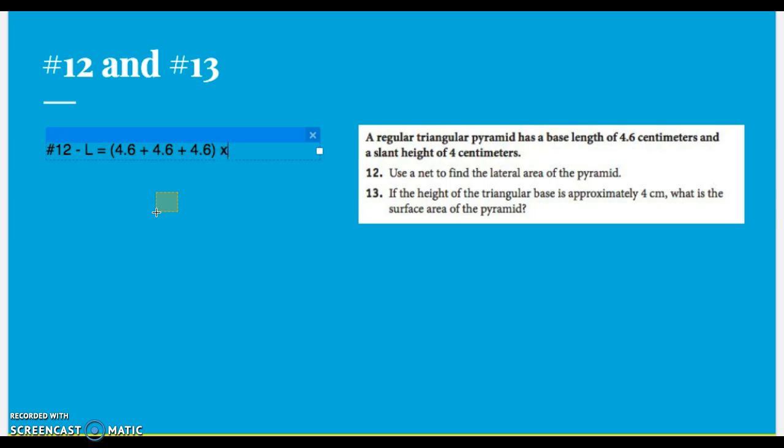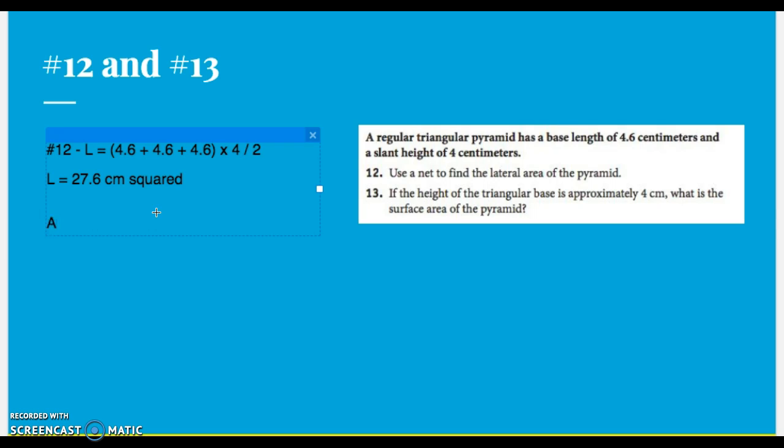There's only 3 sides. Multiply by the slant height and then divide by 2. When you do that, you're going to find out that your lateral area is 27.6 centimeters squared.